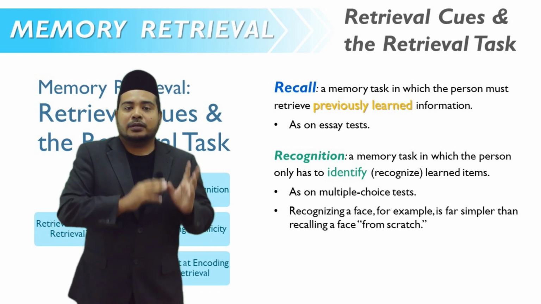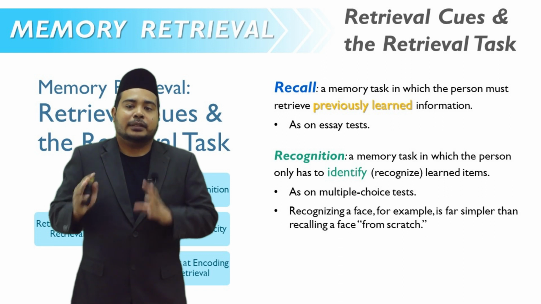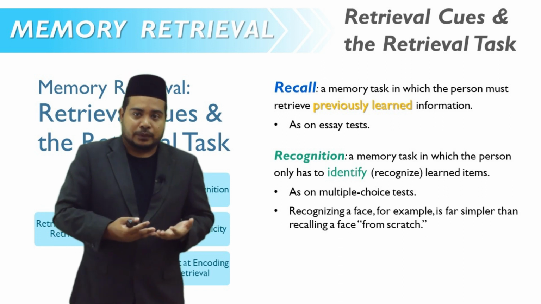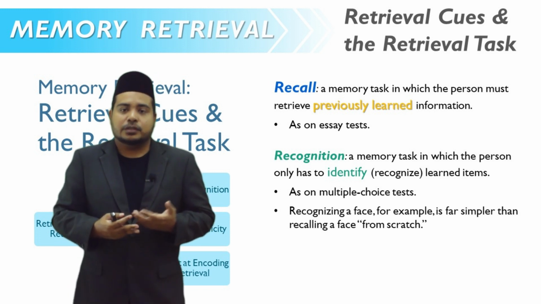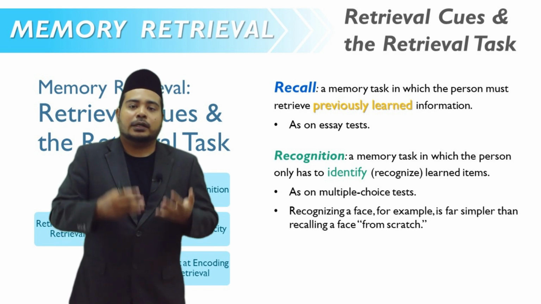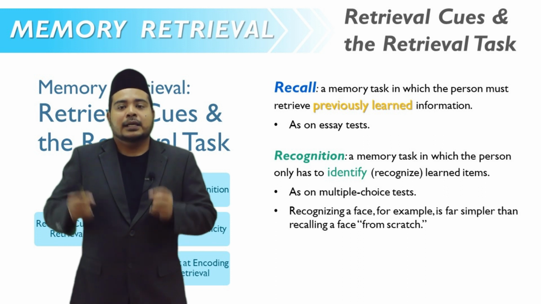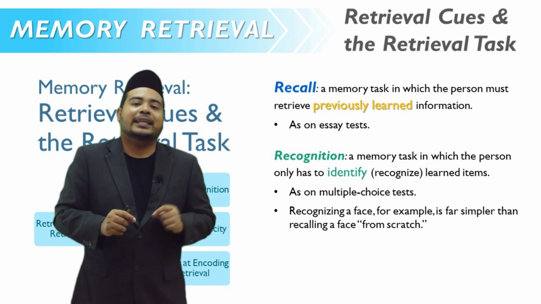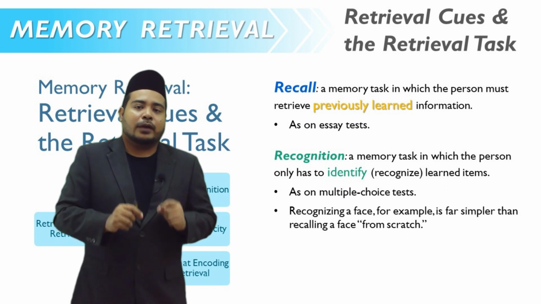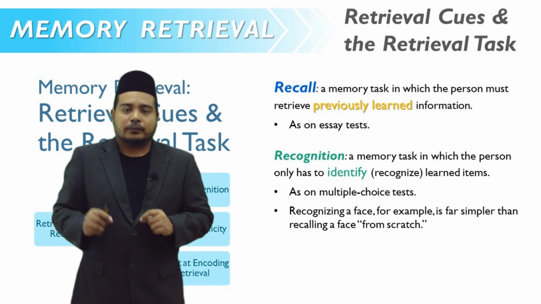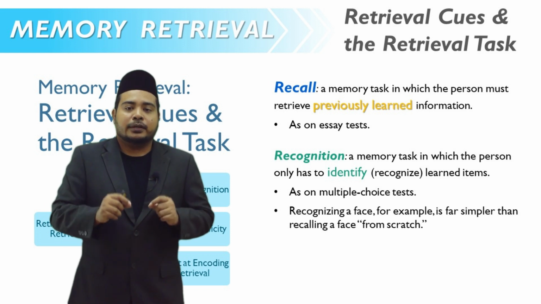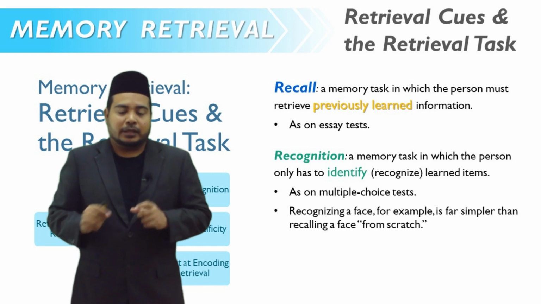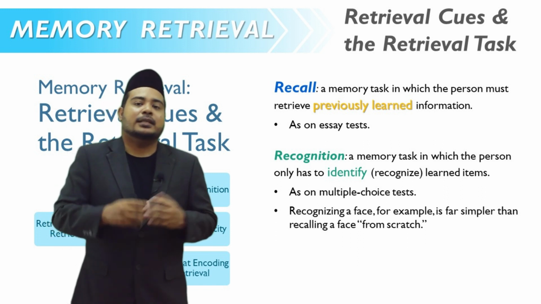Besides recall, another memory task that we usually do is recognition. Recognition is a type of memory task in which a person only has to identify what they have learned before. Identification here means we only need to recognize the information, a person, or a name.